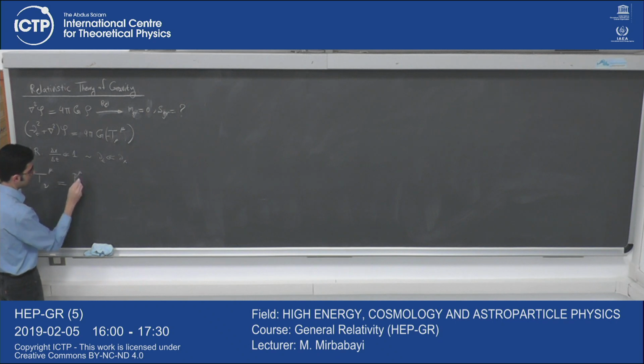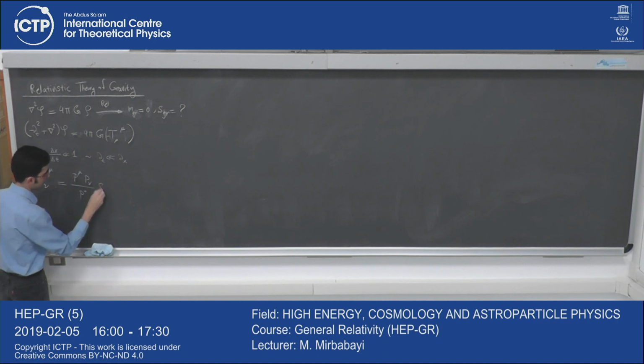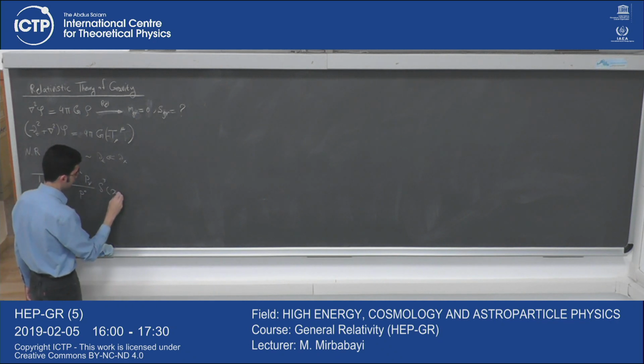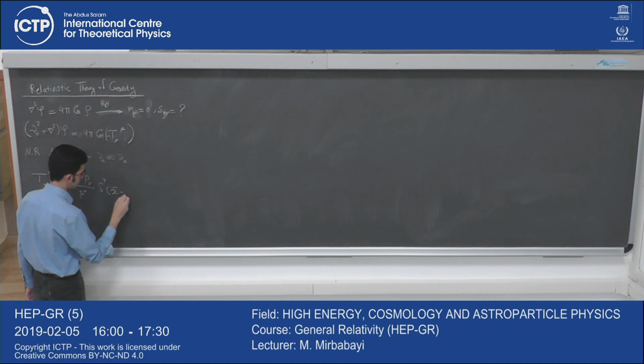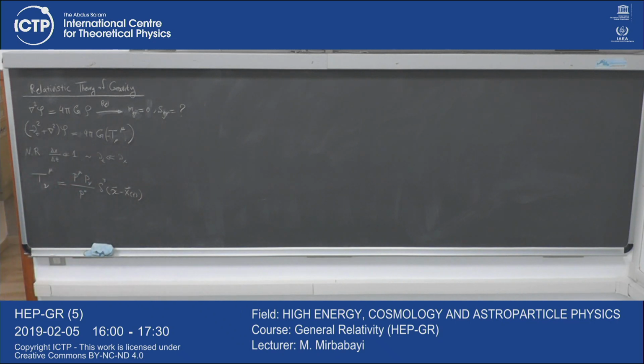So this is given by P mu divided by P0 times delta 3 of x minus x of t, where this big x of t is the trajectory of our point particle. So let's first see that this is the correct stress energy tensor for a point particle. How do we verify that?